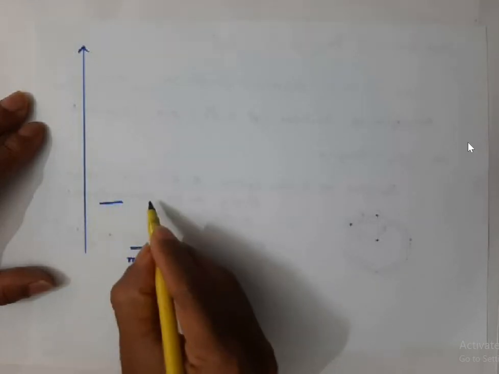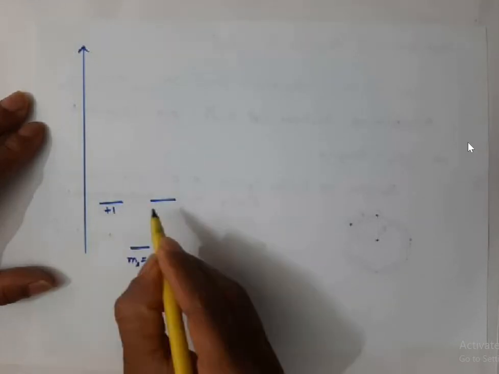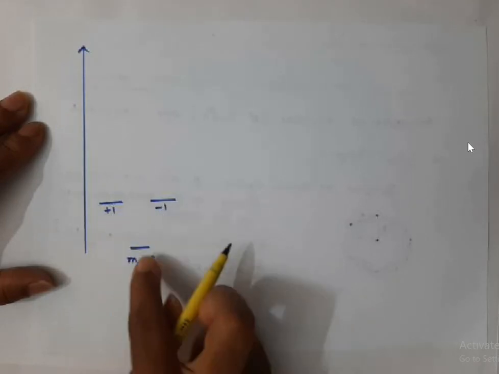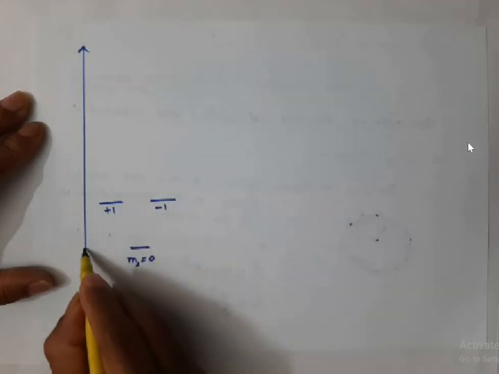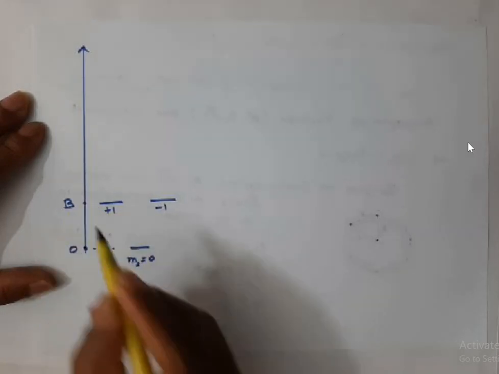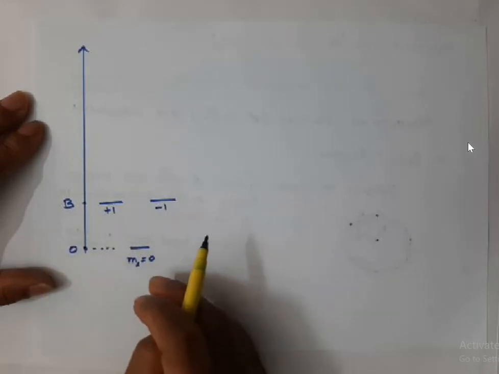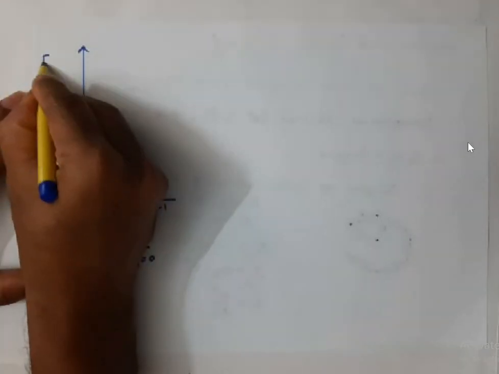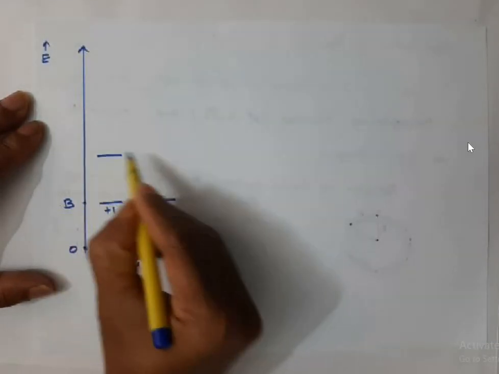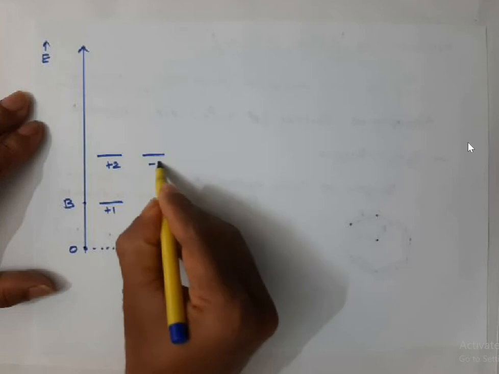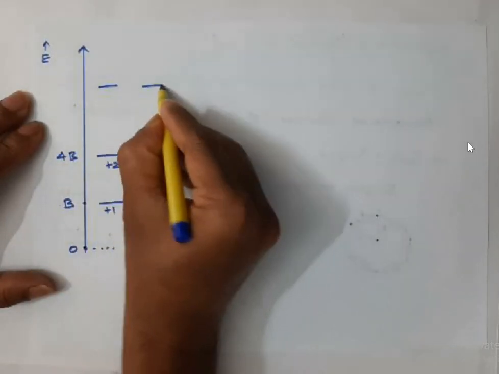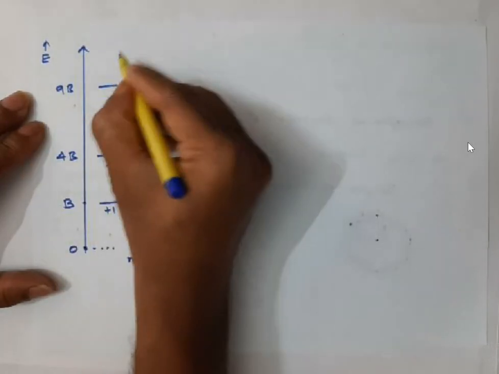Then the next level is doubly degenerate, which has two quantum states, ml value +1 and ml value -1, and for this level the energy is B. I am giving energy in terms of rotational constant values. So here energy increases in this order. Then the next level has ml +2 and -2, and the energy is 4B. In the last lecture, I gave all this information. The next level has energy 9B. Like that it goes.